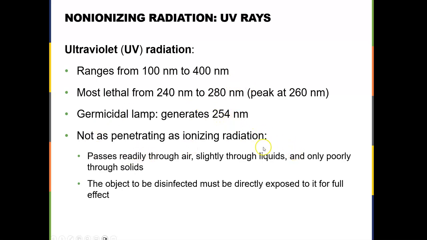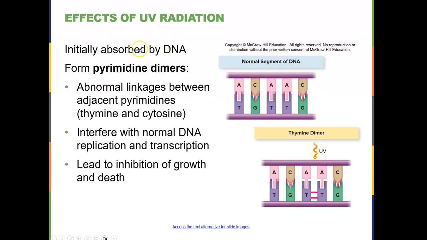Not as penetrating as ionizing radiation, it passes readily through air, slightly through liquids, and poorly through solids. The object to be disinfected must be directly exposed to it for the full effect. Initially absorbed by the DNA, they form pyrimidine dimers or thymine dimers normally, but they can also be affected by the cytosine as well, interfering with DNA replication and transcription, and leading to growth inhibition and death.